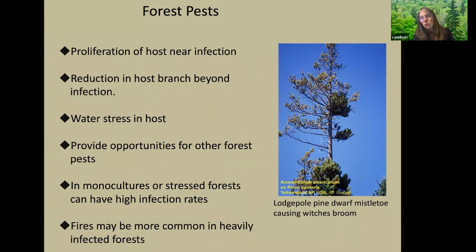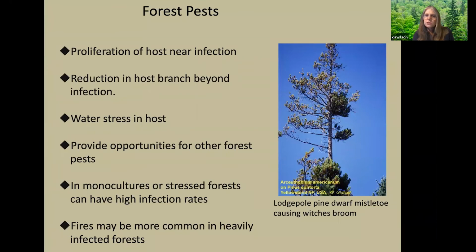Insect infections can cause witch's brooms. It's just a reaction of the host to this invader or this pest. And that happens with dwarf mistletoes. It doesn't really happen with other mistletoes so much, but it does with dwarf mistletoes.